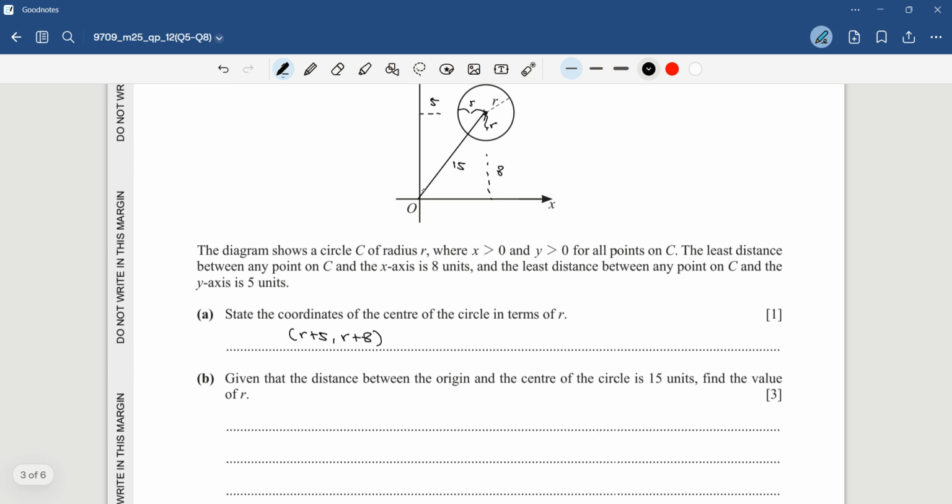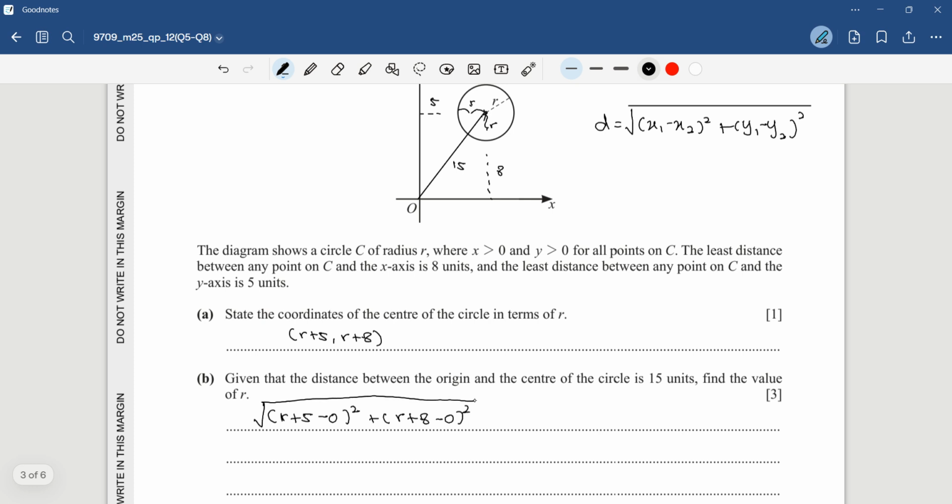So we can use the distance formula. The distance formula will be the square root of x1 minus x2 squared plus y1 minus y2 squared. So it's going to be the square root of r plus 5 minus 0 squared plus r plus 8 minus 0 squared.